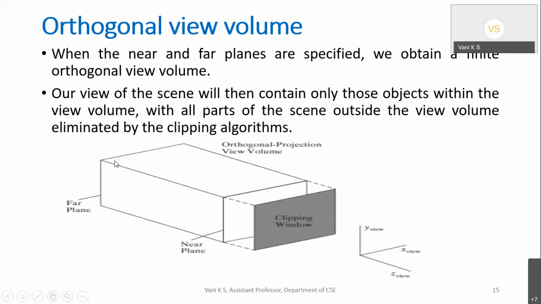Objects near the far plane will be smaller in size. Whichever falls within this range, I'll capture it. That is the view volume for orthogonal projection.